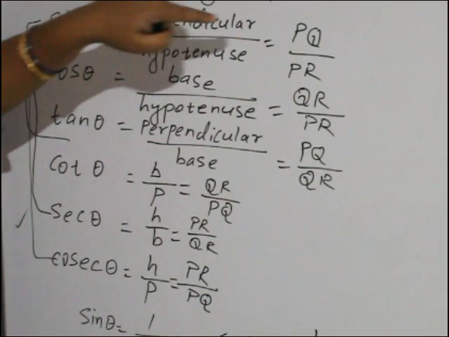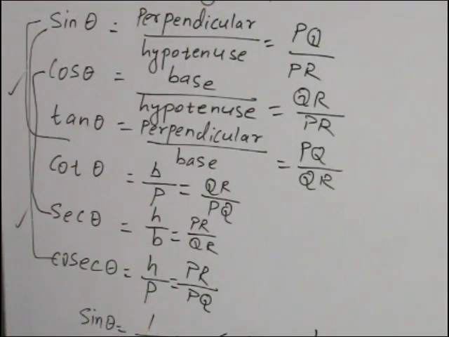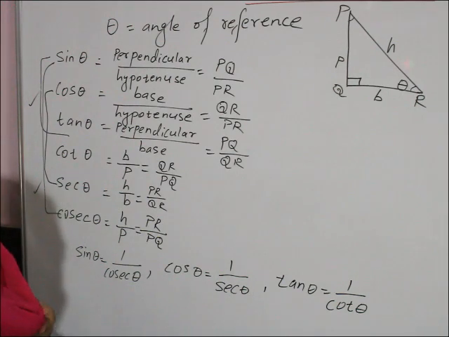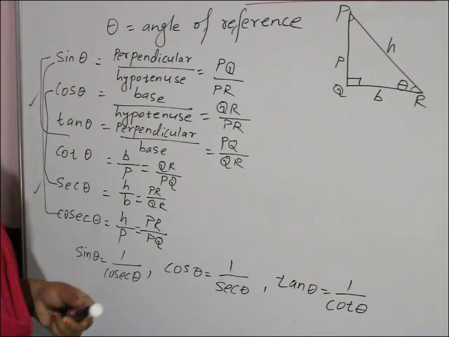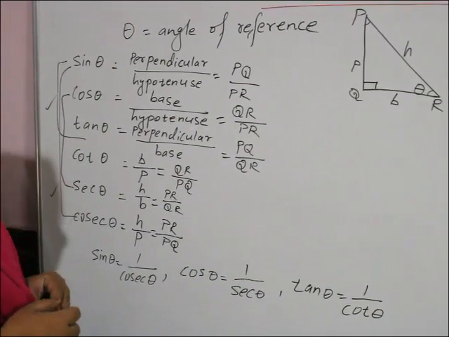So this is PQ by PR, this is PR by PQ. Reciprocal. So this was the work I gave: learn and write trigonometric ratios in the notebook. You have to consider different triangles and angles of reference and find the trigonometric ratios.